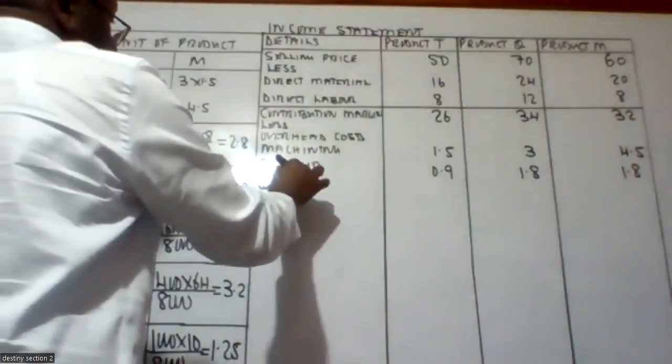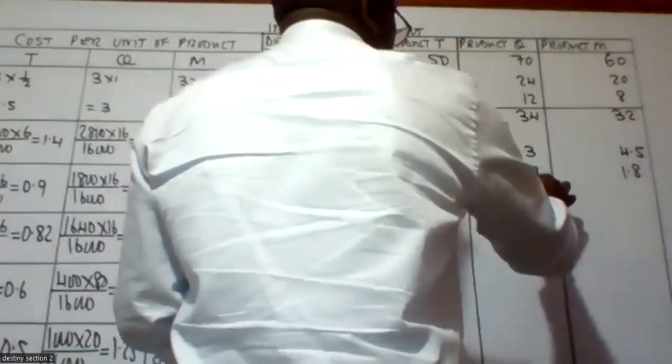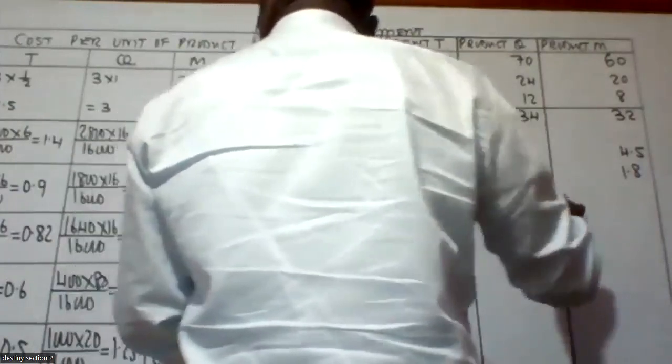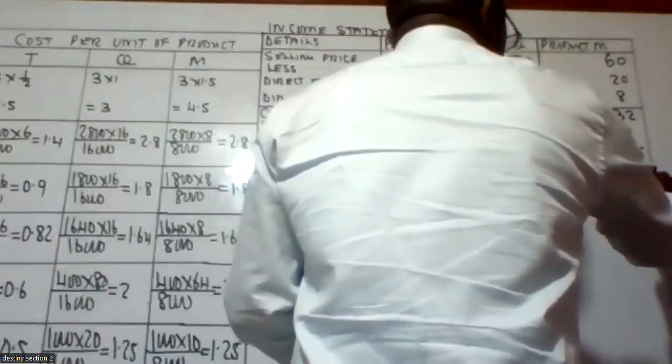Then quality control, which is 0.82, 1.64, and 1.64.